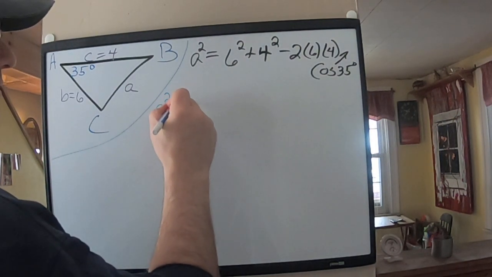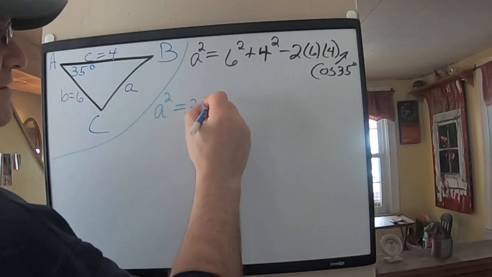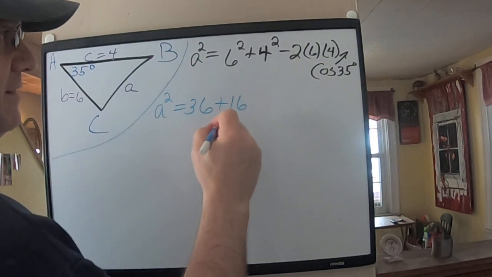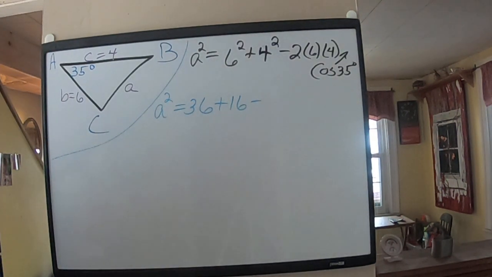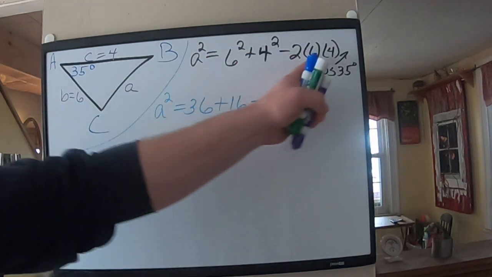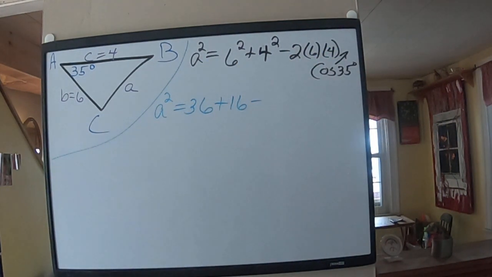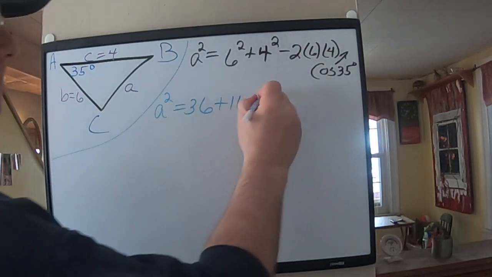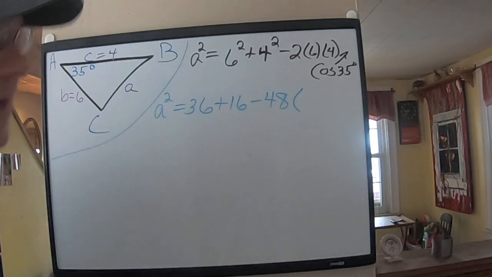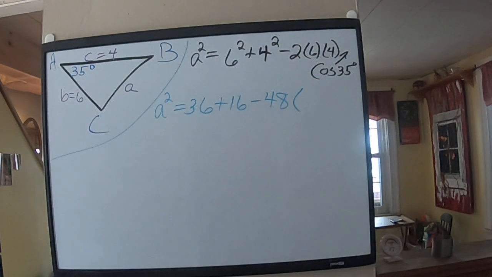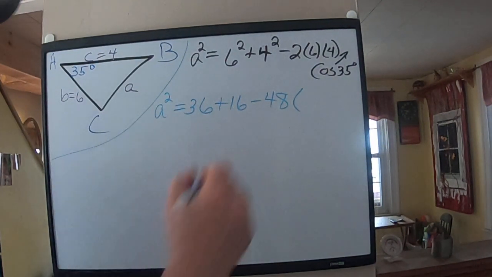a squared equals 36 plus 16 minus. Now I'm going to multiply the 2 times the 6 times the 4 to get 48. And then when we calculate cosine or sine of an angle, we're only going to use 4 decimal places, 0.8192.